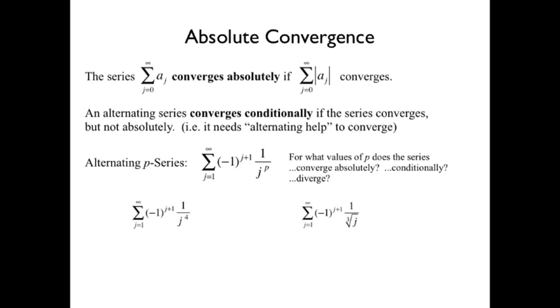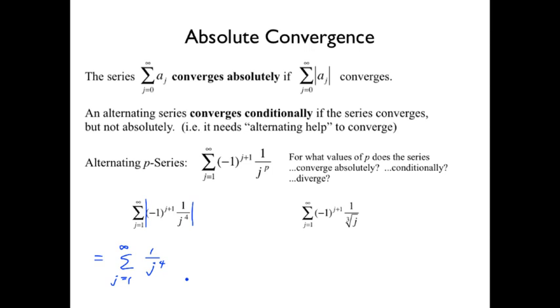What about the alternating p-series with p equals 4? To see, what you do is you say, okay, instead, let's look at this. If I put absolute values around all the terms, I get what series? Convergent or not?